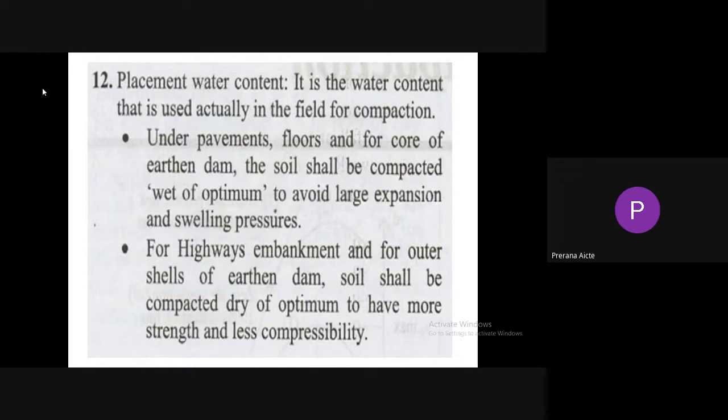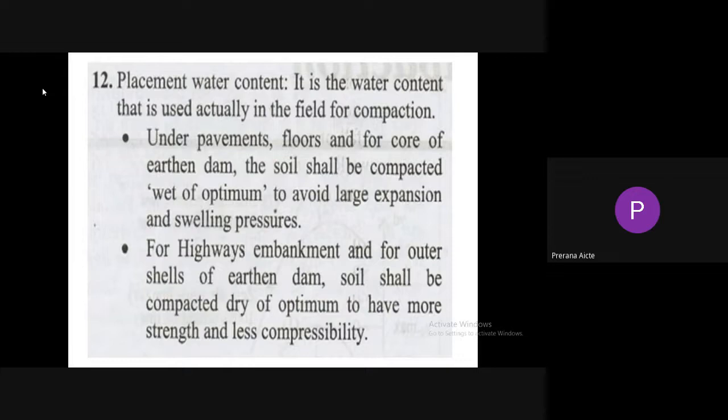In the case of pavements, underpavements, floors, expansive soils, and the core of earthen dam, the soil shall be compacted on the wet side of optimum to avoid large expansion and swelling pressures.